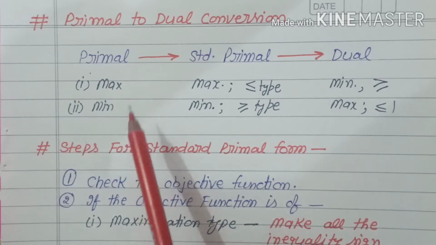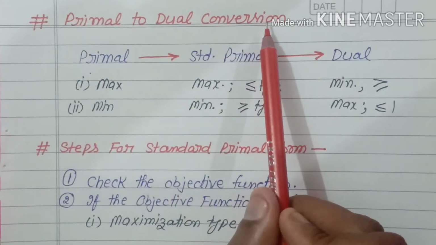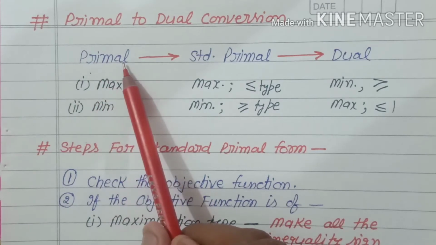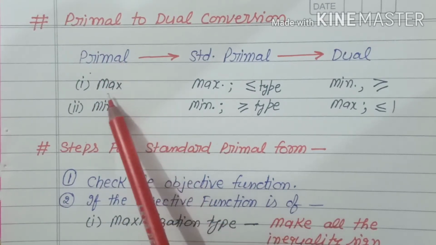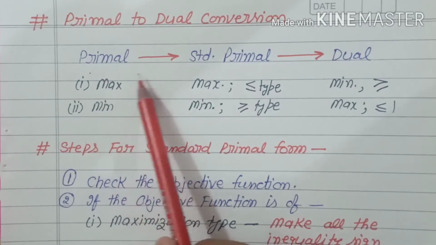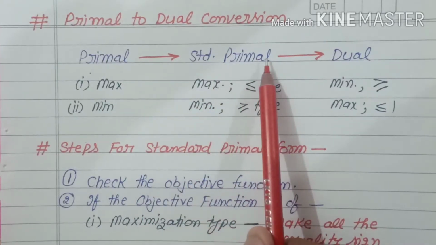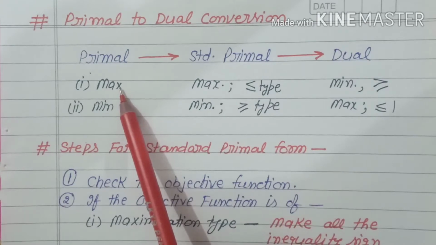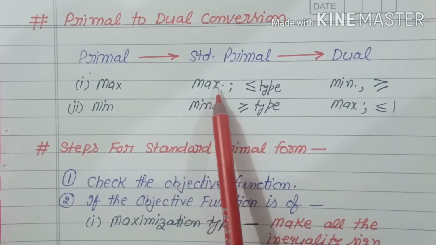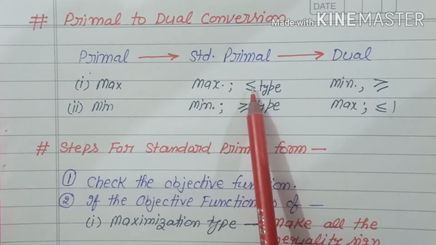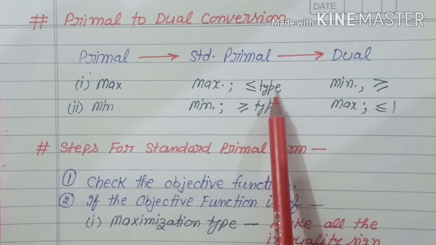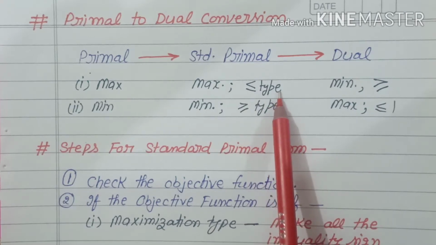Now, primal to dual conversion. Initially you know that the given initial LPP is called the primal LPP, and it could be of maximization type or of minimization type. Then we have to convert it to standard primal, that is, the maximization objective function will be as it is, of maximization type, but the constraint equations for this LPP must have less than or equal to inequality symbols.